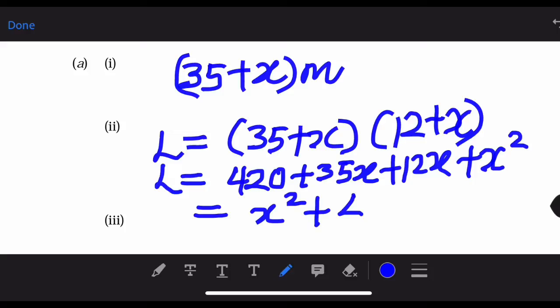It will be 715. So that means the total installation price will be different.